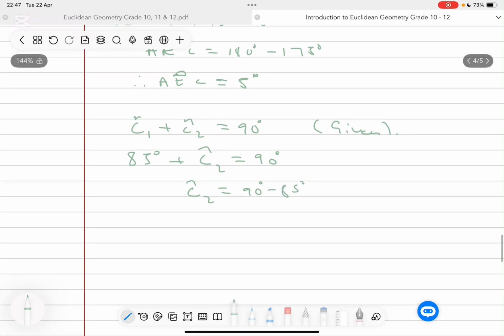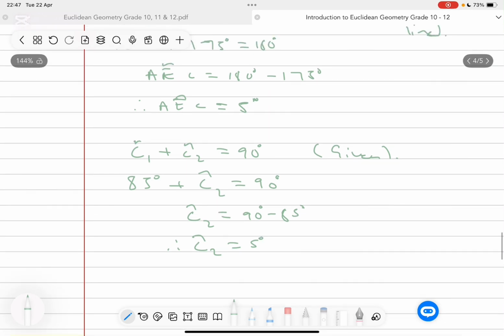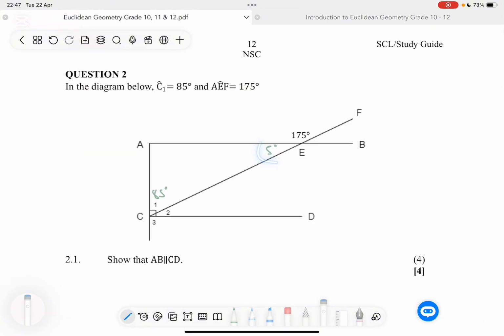And obviously you can see that 90 minus 85 means C2 is equal to 5 degrees. Now look at this. This is really fun. Our angle AEC, this one here, is exactly the same as angle C2. They are both 5 degrees.